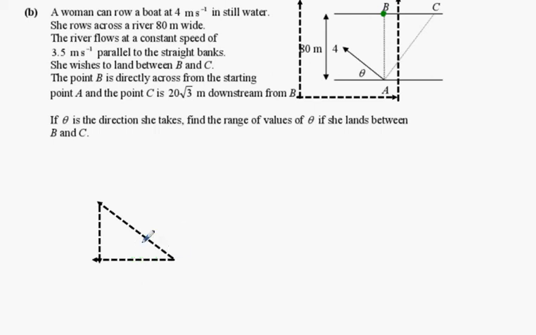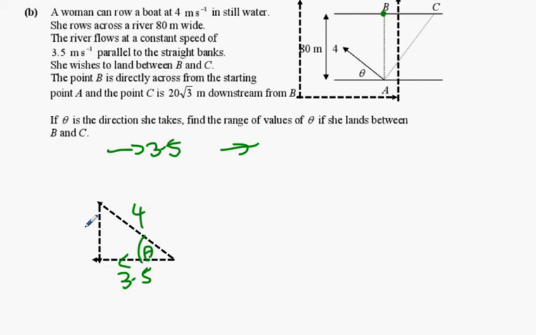Your i component has to counteract the 3.5 meters per second by the stream. That means you're going 3.5 to the left to counter the stream's 3.5 to the right. Does that make sense? The next thing you gotta do is, you know your hypotenuse is 4. You can travel 4 in still water.